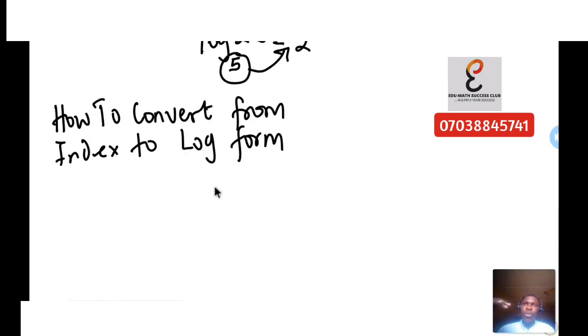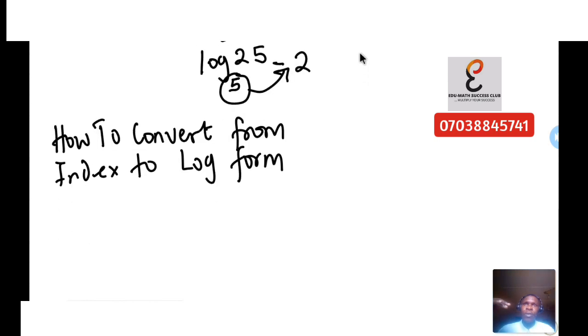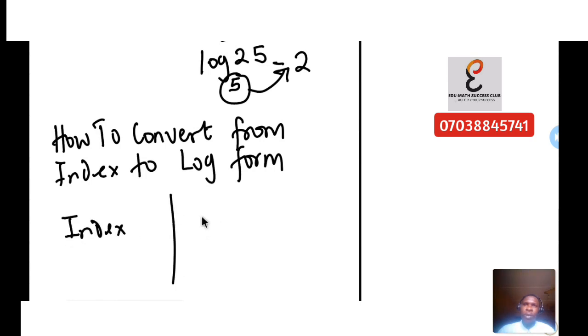I'm very sure you will get the hang of it after this topic, so let's look at it together. The index form is the expression without the logarithm there. So you have something like this: index form, and this is log form.